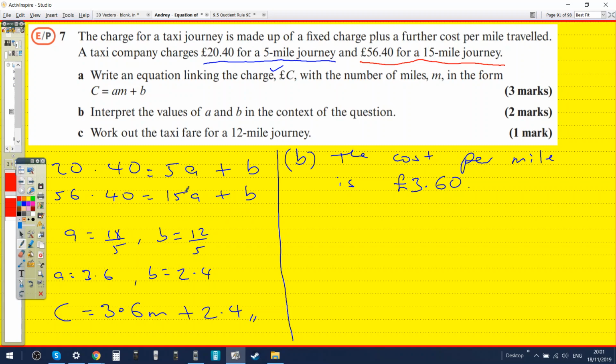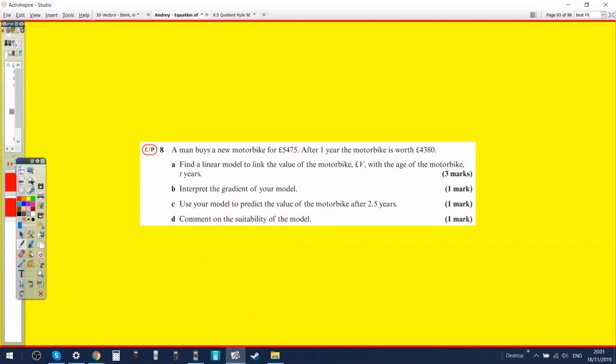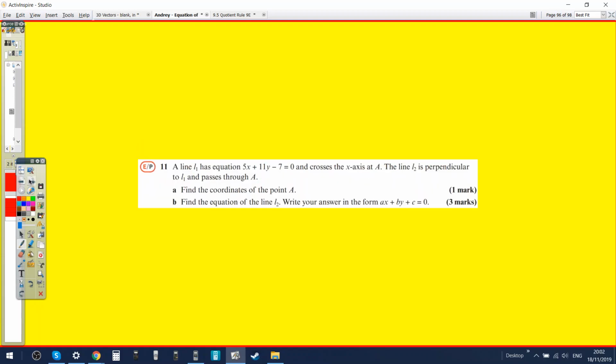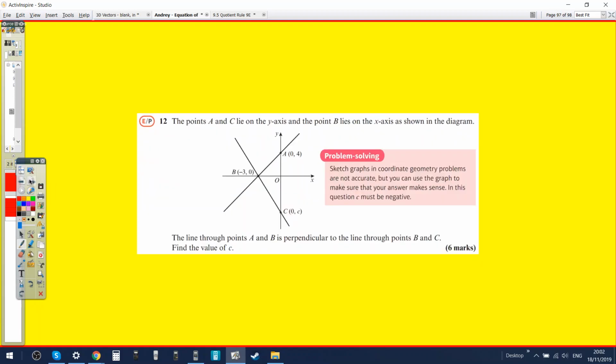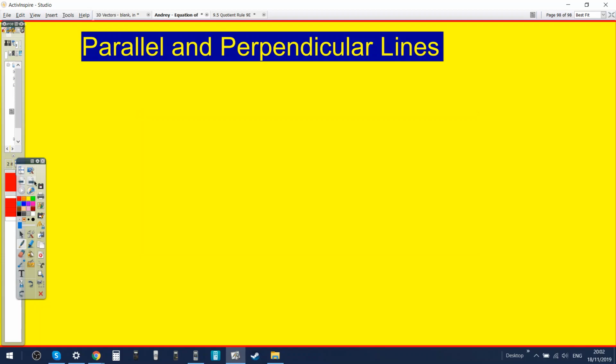So that's the charge if no miles are travelled. Yes. And so that's what they're talking about, the fixed charge. Yeah. And how much is that? £2.40. That's it. That's great. That's the same thing. Simultaneous equations. That's good. That's great. We finished that chapter.